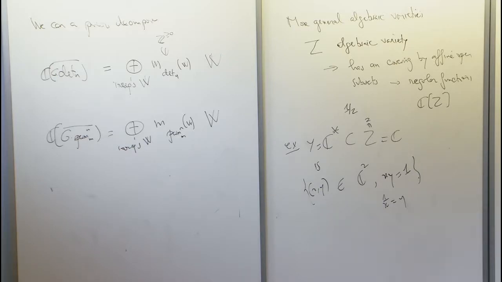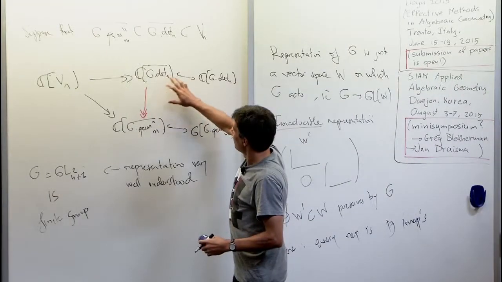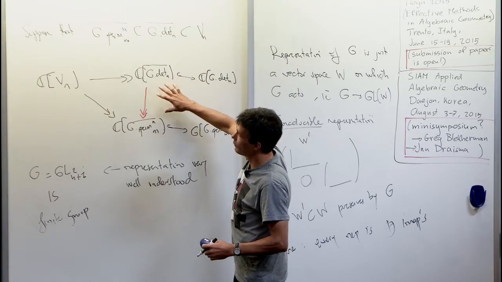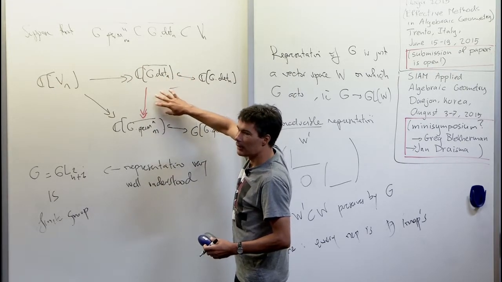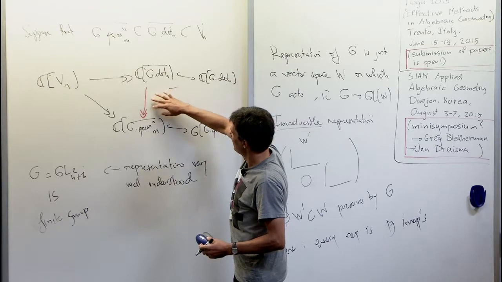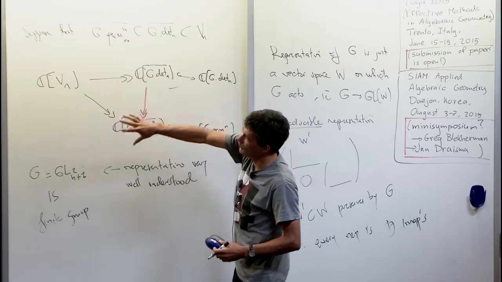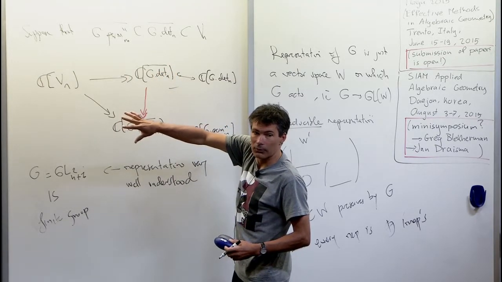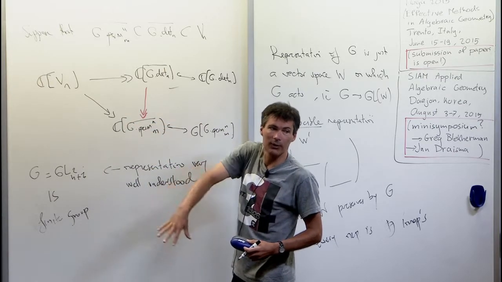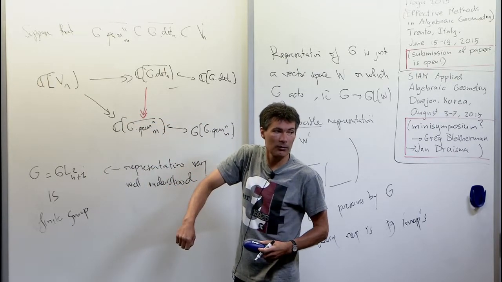Okay, and now we have this map, which must be surjective. It follows from general results on groups. There's Schur's lemma, for those who know, that this map will send each irreducible representation either to 0 or to the same irreducible representation.